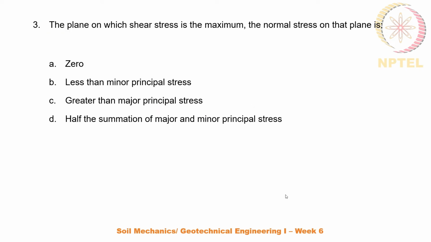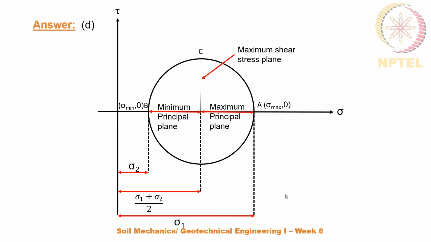So the correct option is option D, that is the normal stress on the plane of maximum shear stress is half the summation of major and minor principal stress. So if we see in this figure of the Mohr diagram, point A represents the maximum direct stress and point B represents the minimum direct stress with zero shear stress.